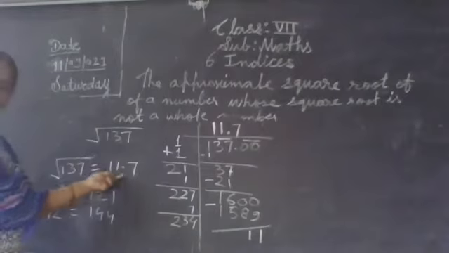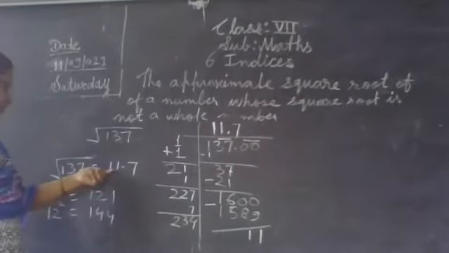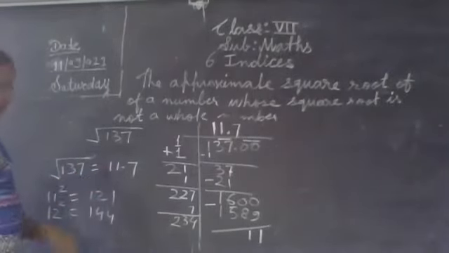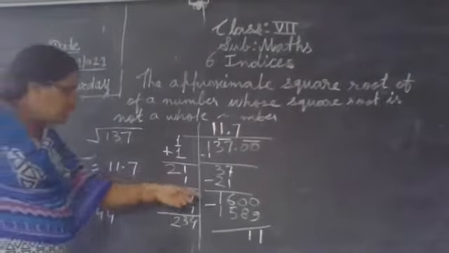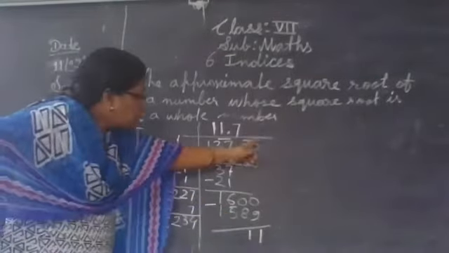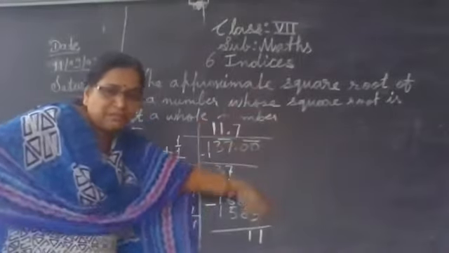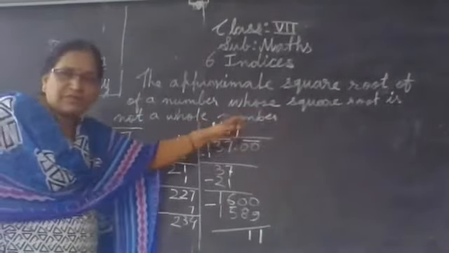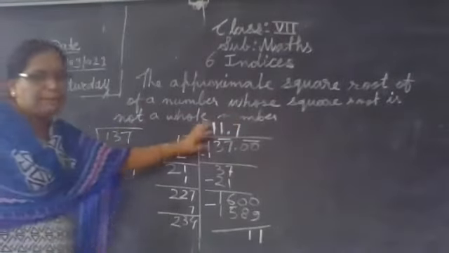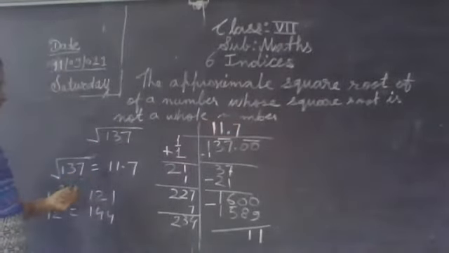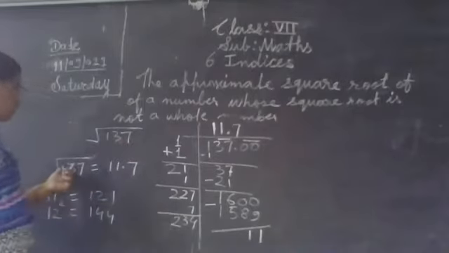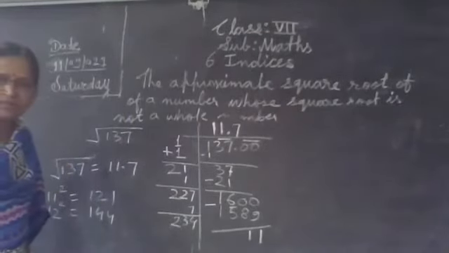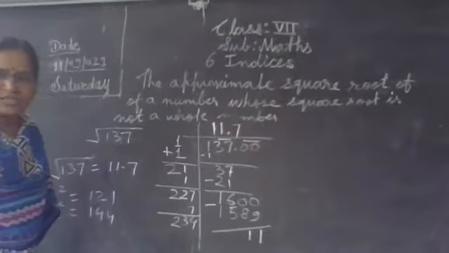So the square root is 11.7. Actually it is approximate. Here we will take another pair of zeros and bring it down. But 11 is the whole number and 7 is the fraction. So it is the approximate square root of 137. Got it, children?